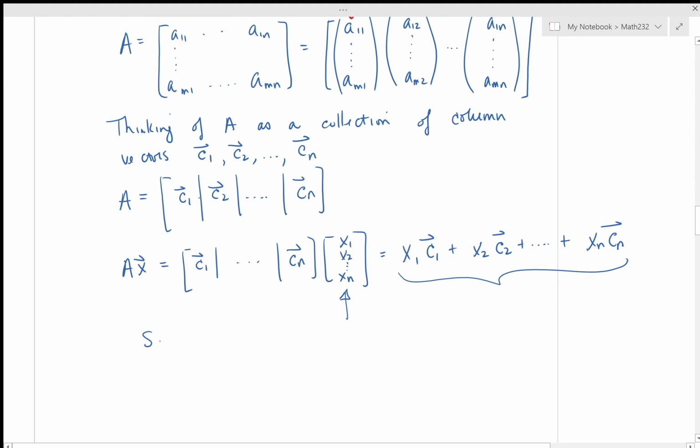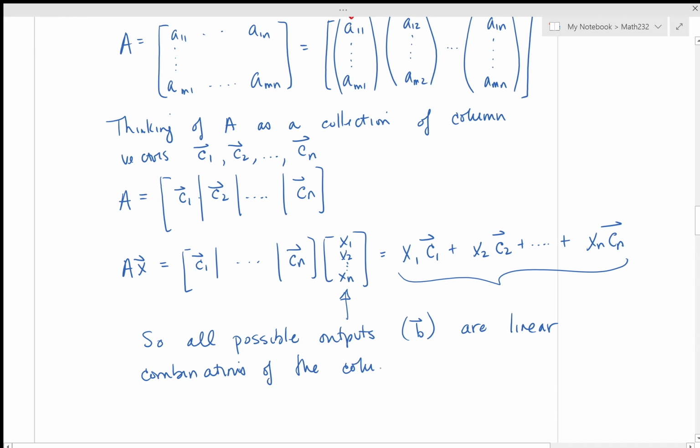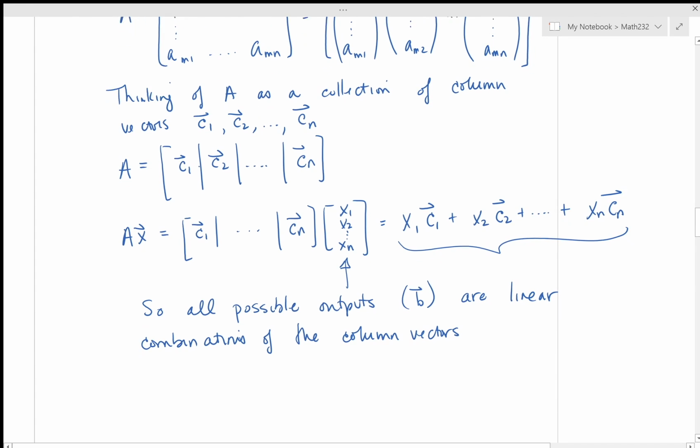So all possible outputs, which we've typically been calling b, are linear combinations of the column vectors. Let me rephrase that.